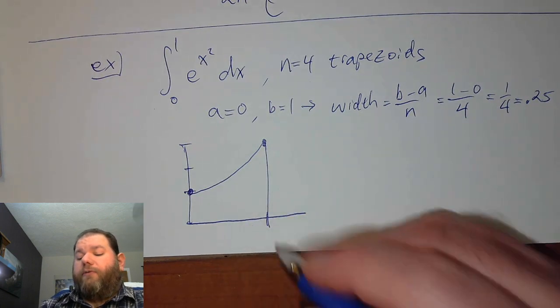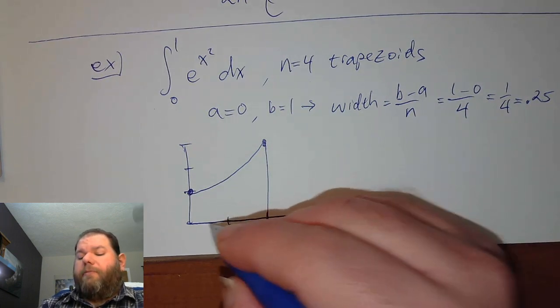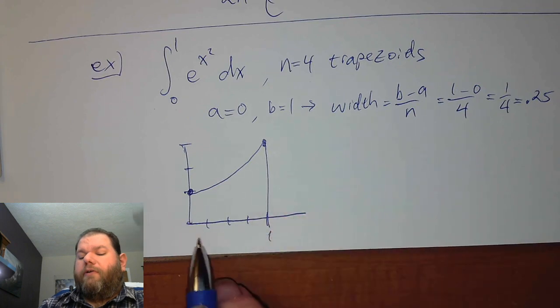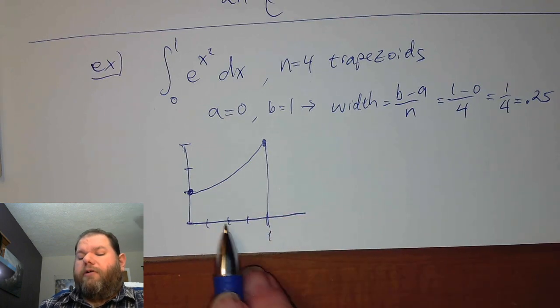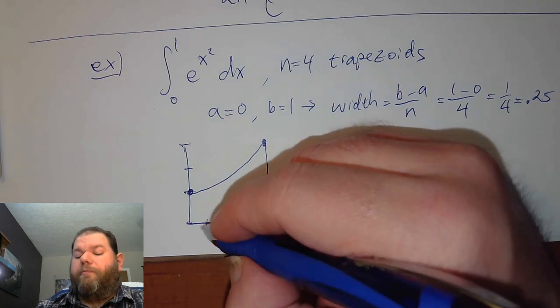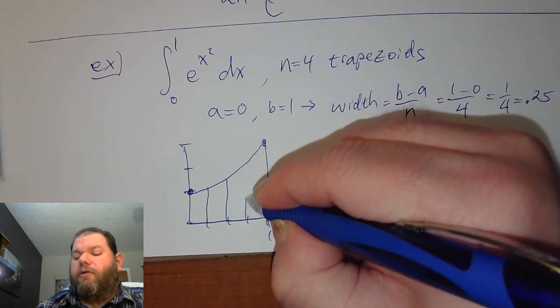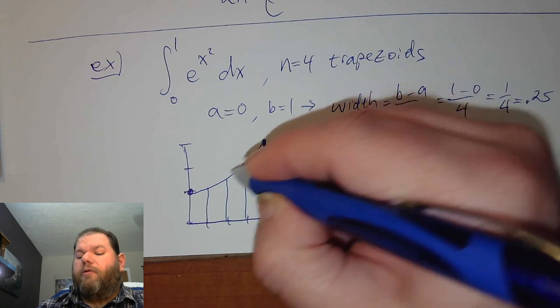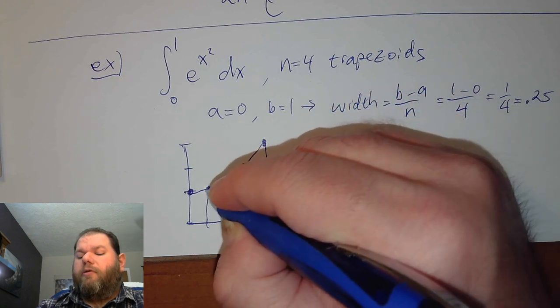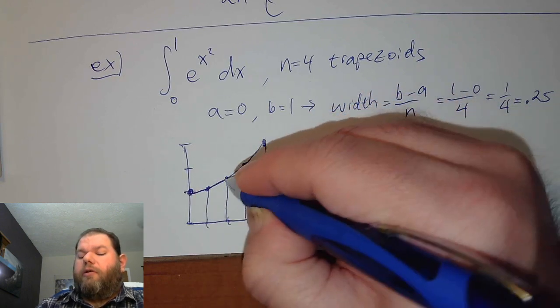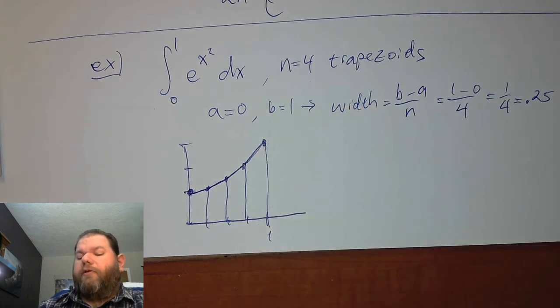Now, this is 1, so we're going to split this up into 4 equal parts. Here, here, here, and here. Okay. Draw our vertical lines. And then we can connect our points here to create the diagonals.